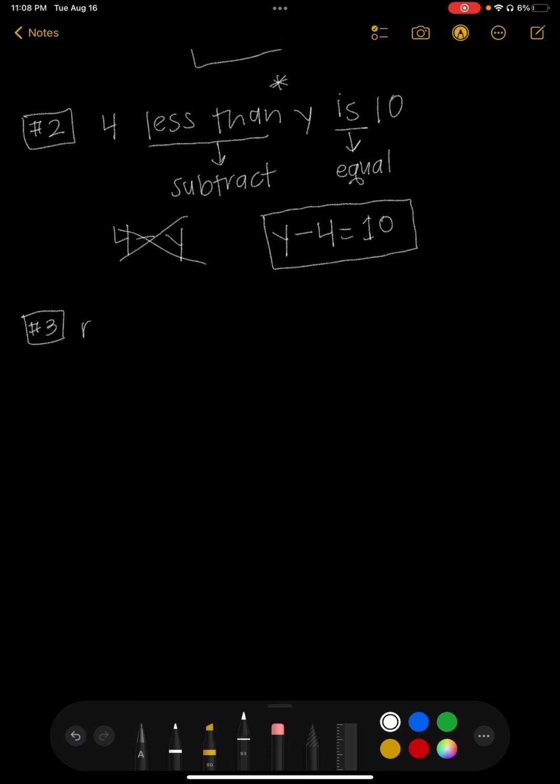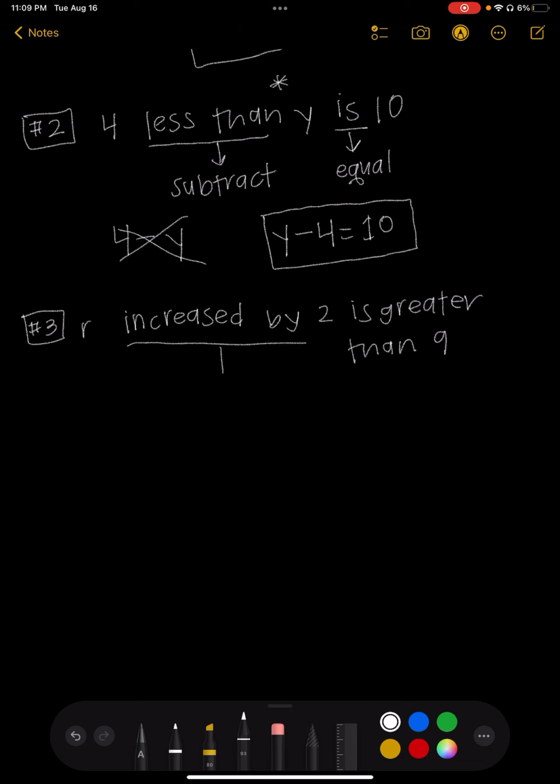And then let's go through another example. We've got r increased by 2 is greater than 9. Okay, so increased by was a part of our add list.